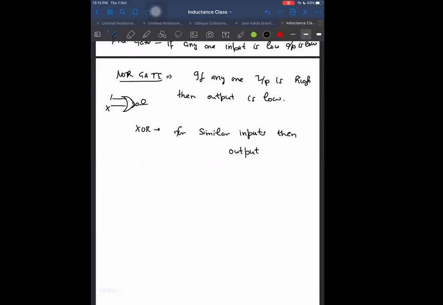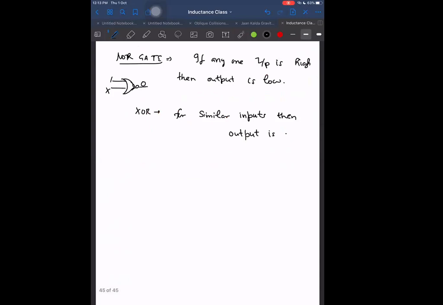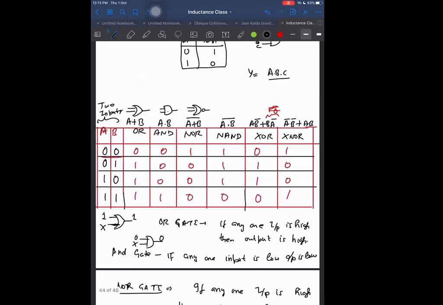Correct only, sir. So we can remember: for similar inputs, what is the output? Let us check again: 0, 0, 0. For similar inputs, output is low. And XNOR will be opposite. For similar inputs, output is high. That is how we can represent all these gates.